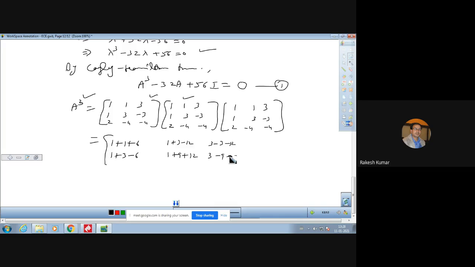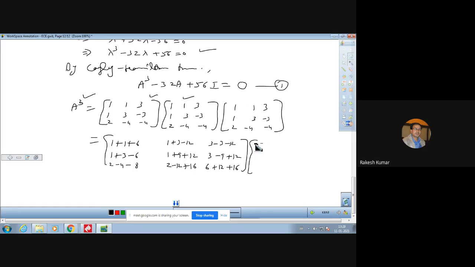This is 3 minus 9 plus 12. Third row will be 2 minus 4 minus 8. 2 minus 12 plus 16. This is 6 plus 12 plus 16.